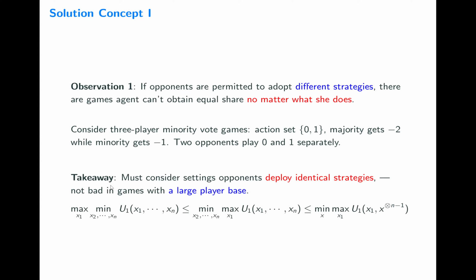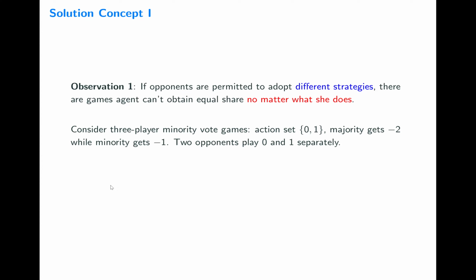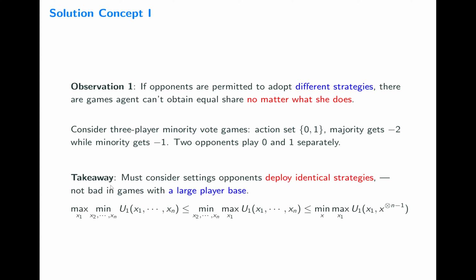In that case, if of the two other players, one plays 0 and the other plays 1, no matter what you play, you will never be the minority and you will never be able to win the game. This very simple example already illustrates that if opponents are playing different strategies, then there's nothing you can do for some games.